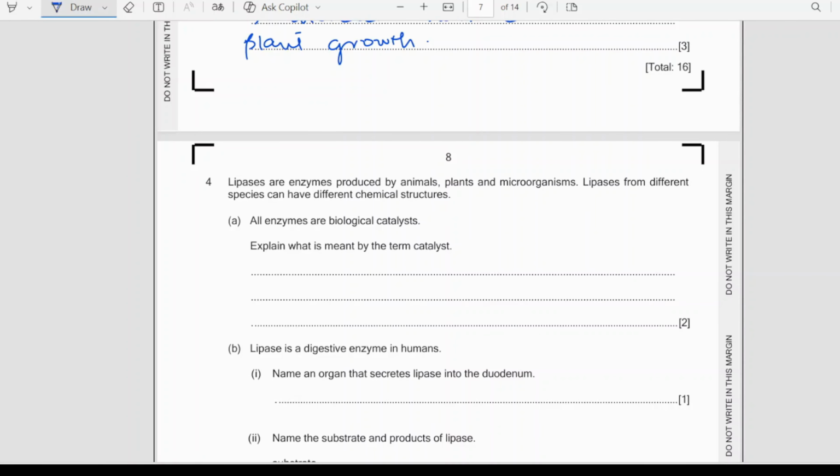Okay, lipases are enzymes which are produced by animals, plants, and microorganisms. They are different in different species as they have different chemical structure. Explain what is meant by term catalyst.